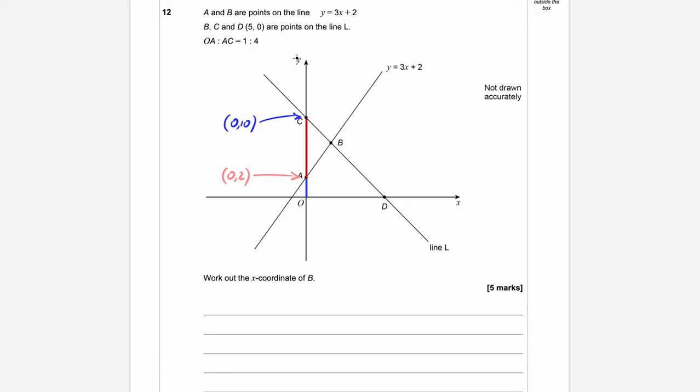Okay, now he says this is 5, 0 here. Okay, this is 5, 0. Now I think I can get the equation of this line now. I can actually just get the gradient.